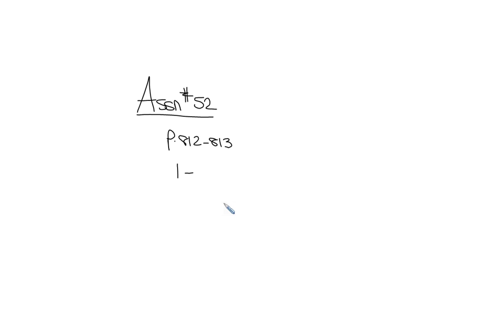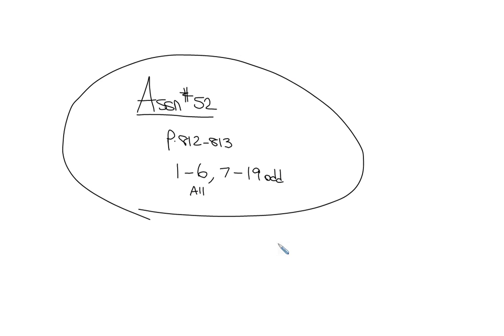I'm making an adjustment here, guys. Let's do 1 through 6, and then we'll go 7 through 19 odd. So 1 through 6 is all, and then 7 through 19 will be odd.